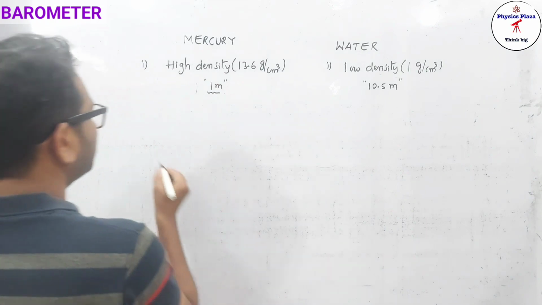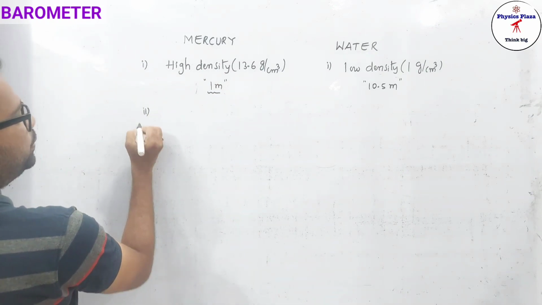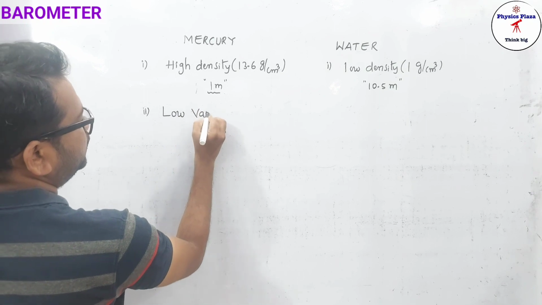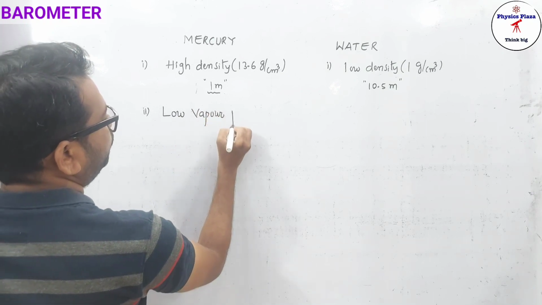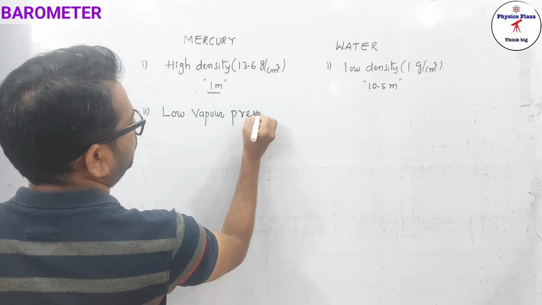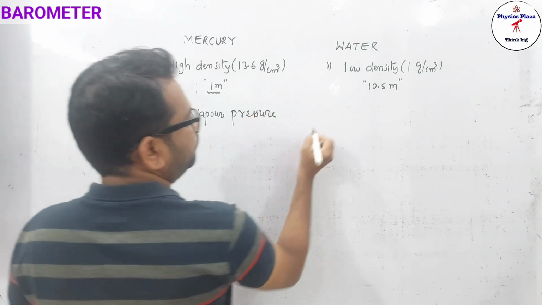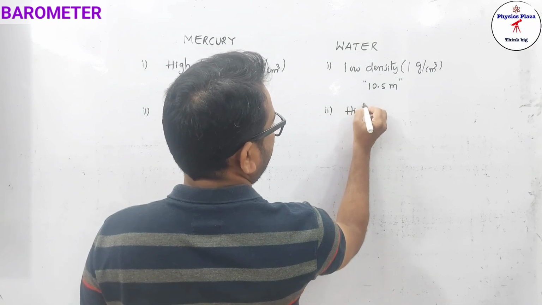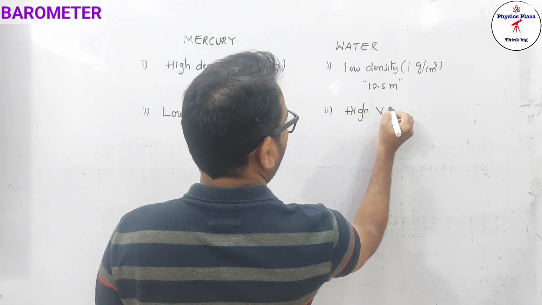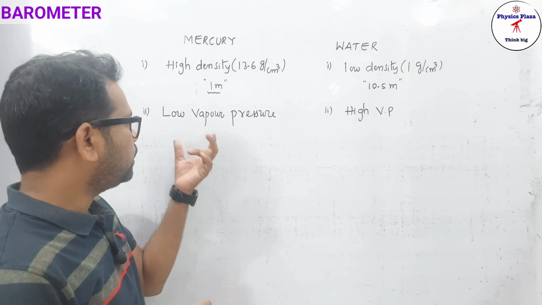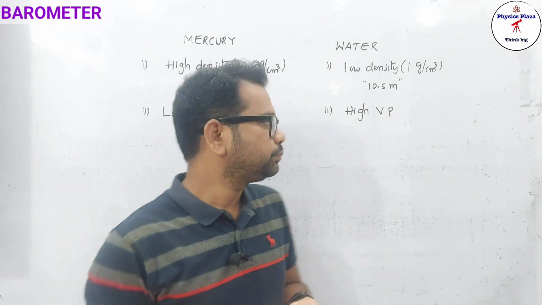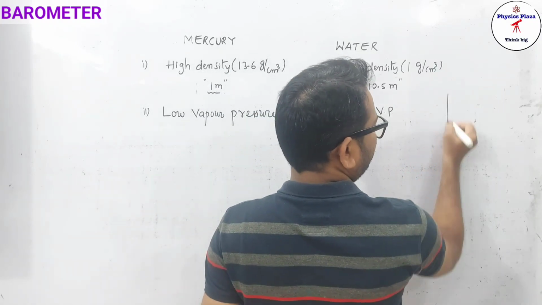Okay, fine. And the second one is vapor pressure. Mercury has a low vapor pressure, whereas water has a high vapor pressure. Children, as mercury has a low vapor pressure, what will happen?